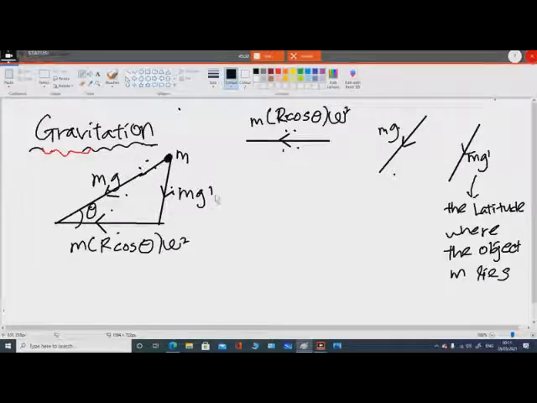How can we find this g prime? We know that g is actually 9.81. At this latitude, which is theta, we have a different gravitational field strength, which is less than 9.81. So how are we going to find this? Let me erase this one.